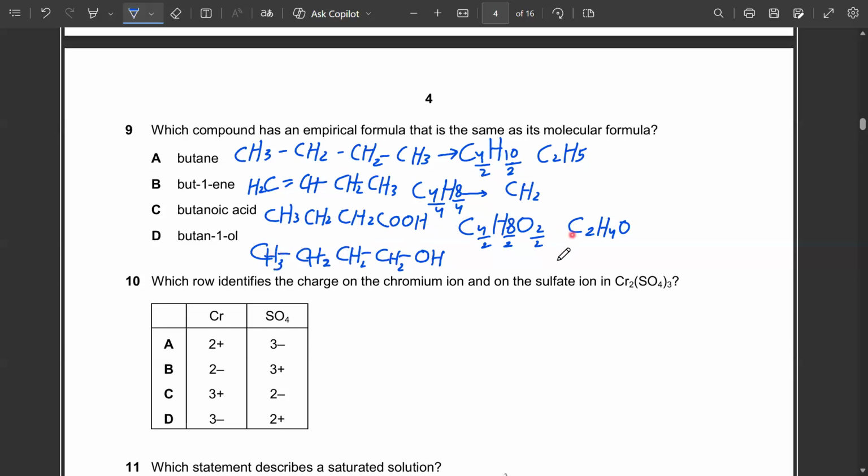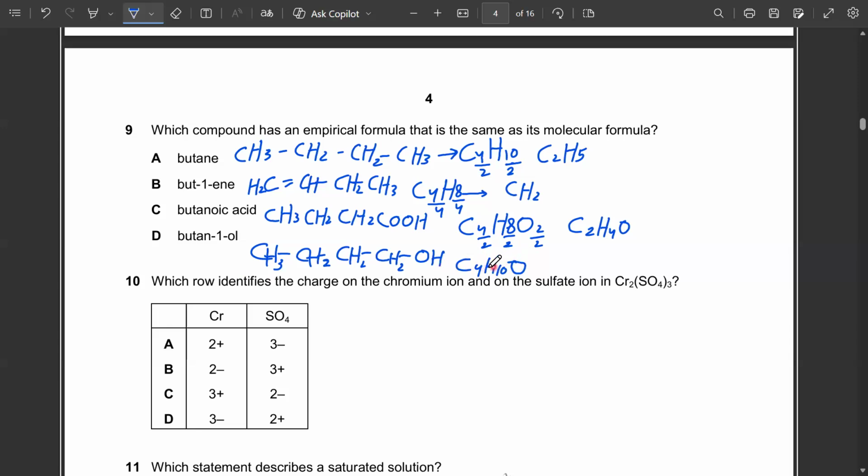Now determine the molecular formula. It will be C4, and then add the hydrogen atoms, 3 plus 2, 5, then 7 plus 9, and then 10. C4H10, and 1 oxygen atom, O.